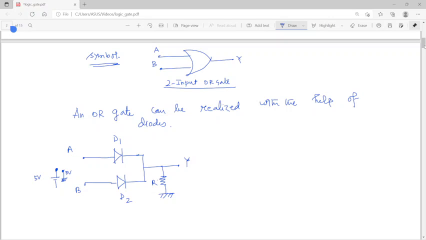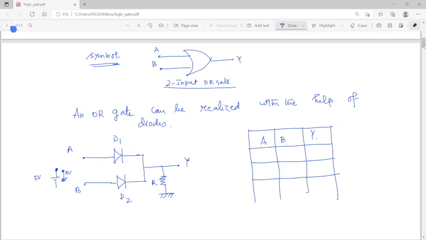Now this is the truth table, so I have to consider all combinations and see the output. Since A and B are the two inputs, the possible combinations are 4.